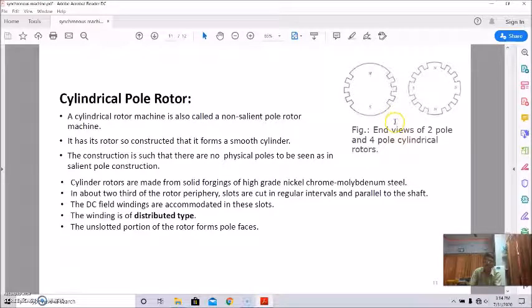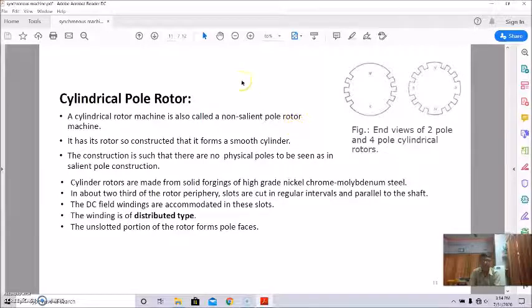As I told you, in most cases we find that alternators have a rotating field and stationary armature. The rotating field type alternator has several advantages over the rotating armature type alternator. So what are the advantages?